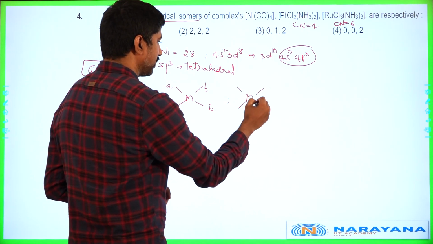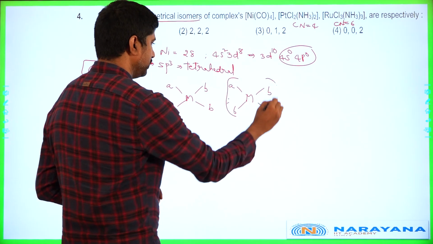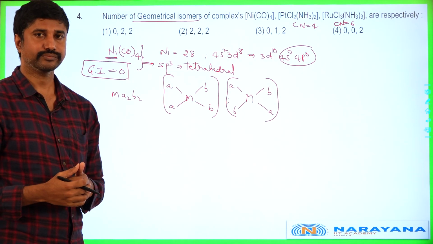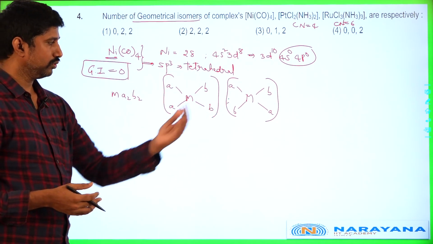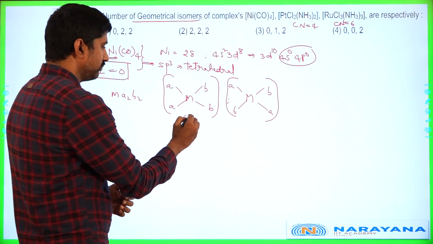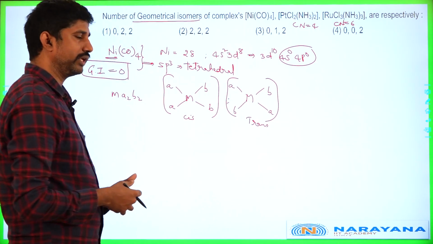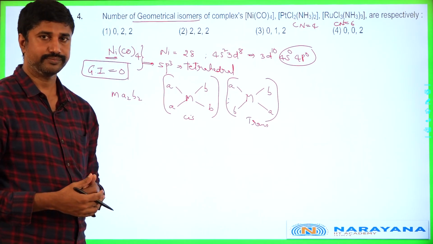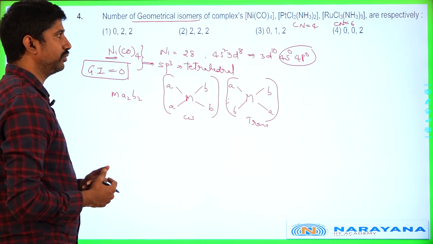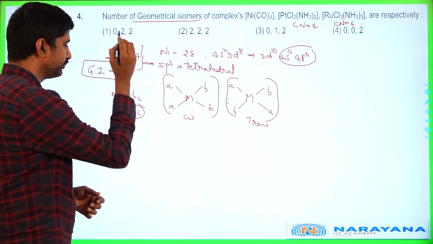Another possibility we can write here as A, B and B. So, these are the two forms of MA2B2. So, this form we can write as cis form and this form we can write as trans form. So, there are two geometrical isomers. So, the number of geometrical isomers for PtCl2(NH3)2 will be 2.